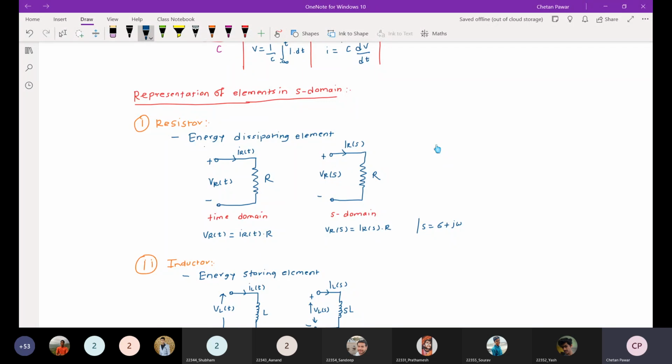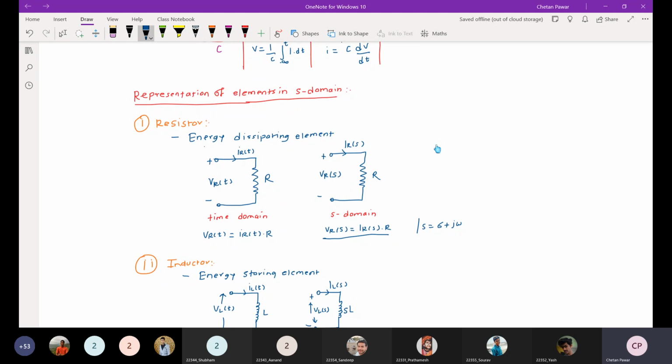The Laplace transform of v_R(t) is V_R(s), and the Laplace transform of i_R(t) is I_R(s). So you can see the S domain equation: V_R(s) equals R into I_R(s).